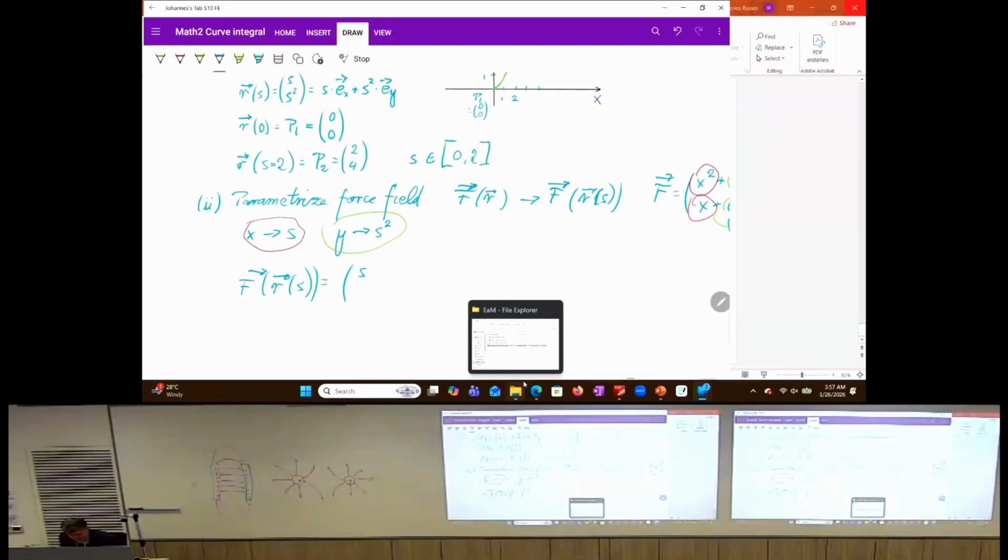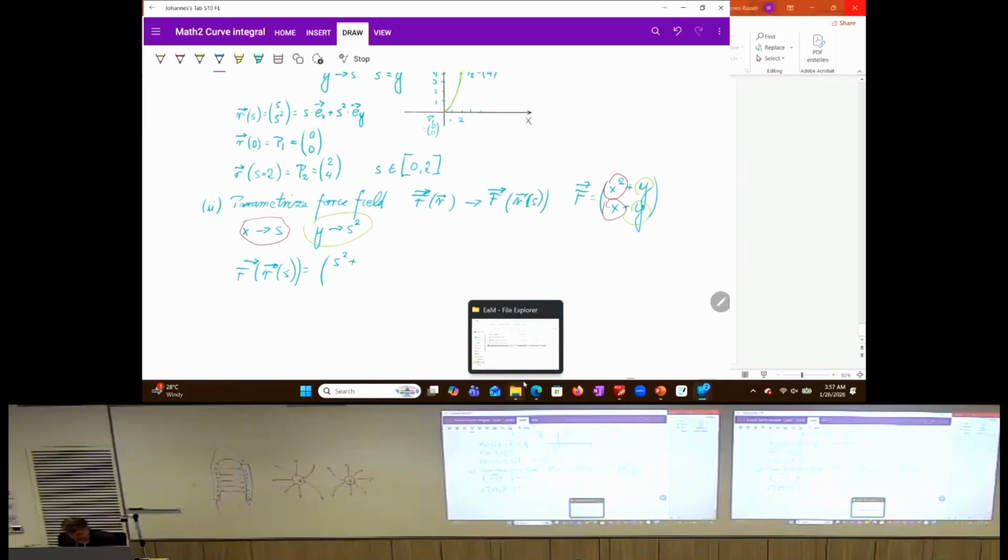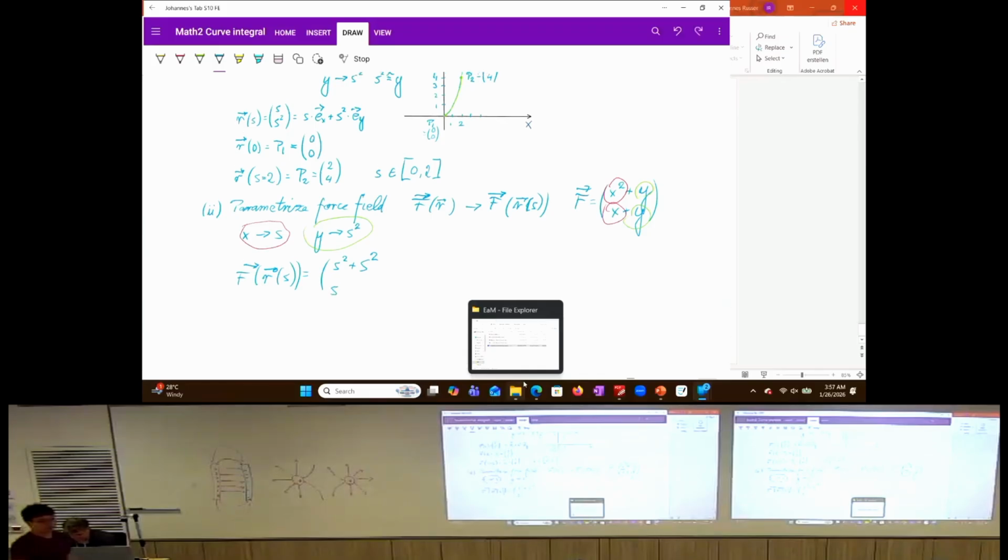It becomes here, you see that x becomes s, the y becomes s squared, and for the y component of the force field, we had x plus y. Again, the x becomes s, like in the first step too, and the y becomes s squared.